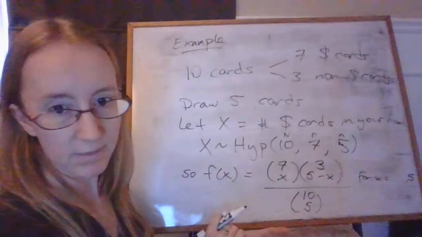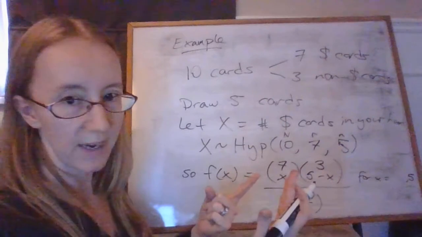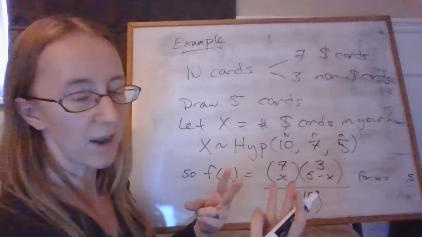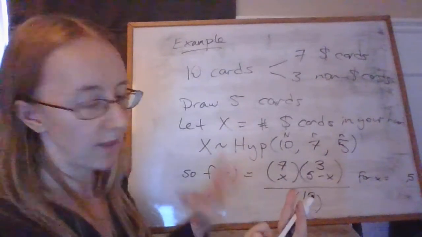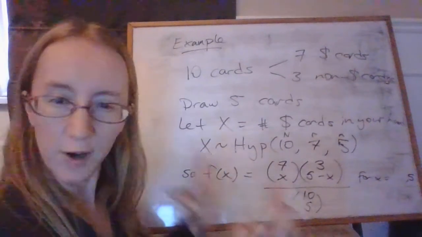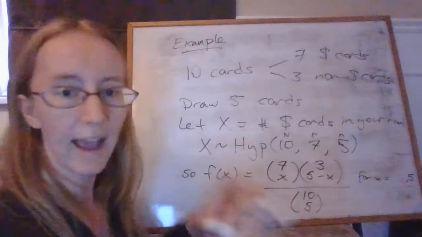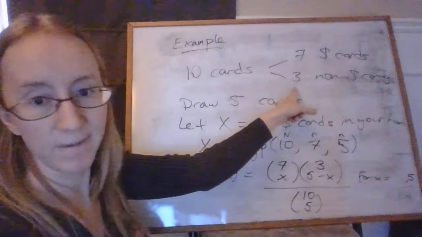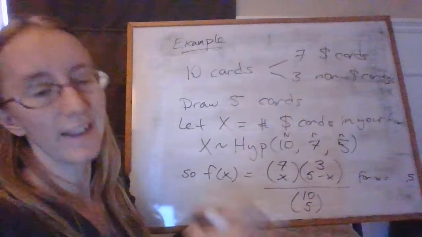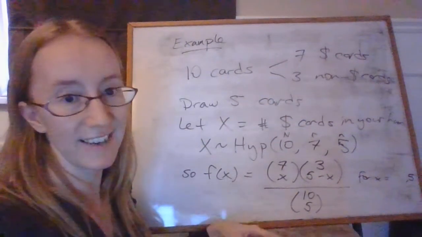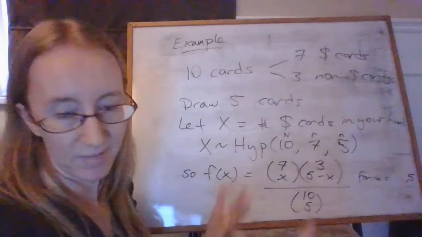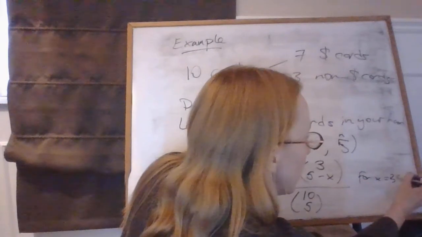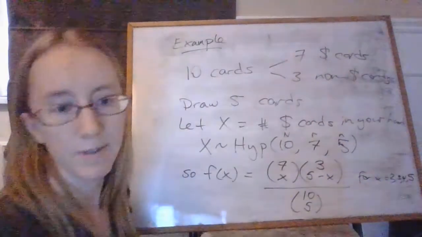You could have 4 money cards and 1 non-money card, or 3 money cards and 2 non-money cards, or 2 money cards and 3 non-money cards, but we couldn't go lower than that. We couldn't have fewer than 2 money cards because we'd run out of non-money cards. The worst opening hand you could get is 2 money and 3 other things. So the range is just 2, 3, 4, 5 for this random variable.